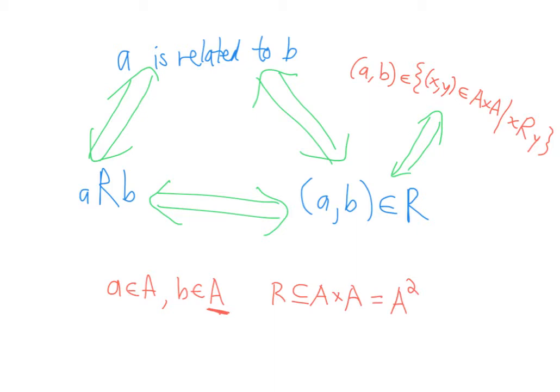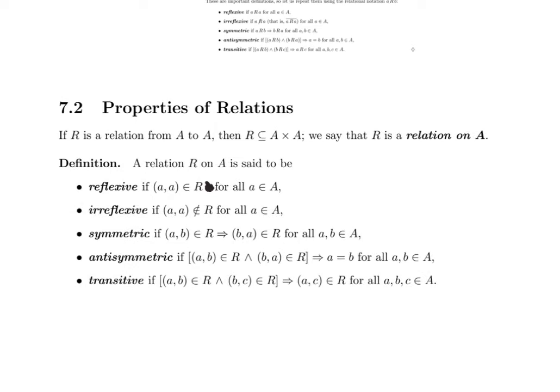So we have that the ordered pair A comma B is an element of the set of ordered pairs XY in A cross A such that X is related to Y. So this is just a quick review of the terminology we need, but it's also reminding us that we need to frame it in terms of A cross A rather than A cross some other different set B. The goal is to talk about properties of relations.